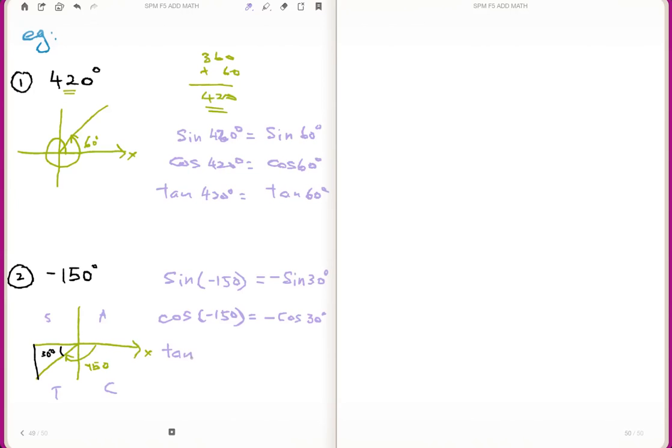Tangent negative 150, what would it be? That would be positive, because it's positive tangent 30 degrees. Okay, you may use a calculator to figure out the value.